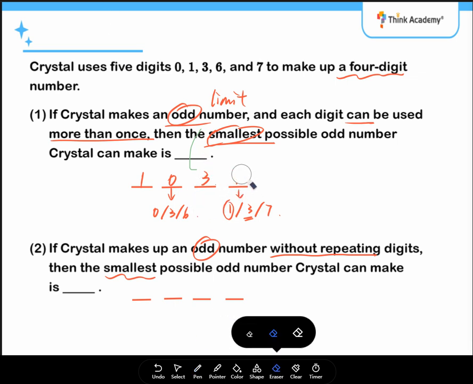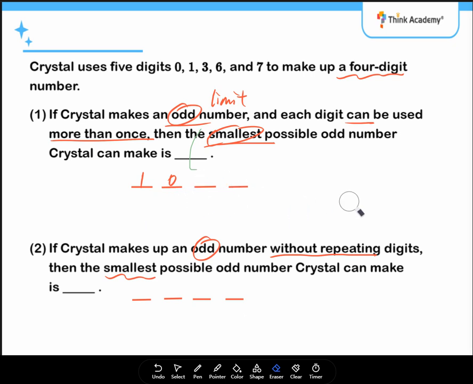So for the last one, that's quite important. Thank you for reminding me, and I suddenly realized that, right? Okay, so I guess some of you wanted to remind me of that. So pretty good. Since the digits could be used more than once, we can use as small numbers as possible. So here we got 1, 3, and 7.